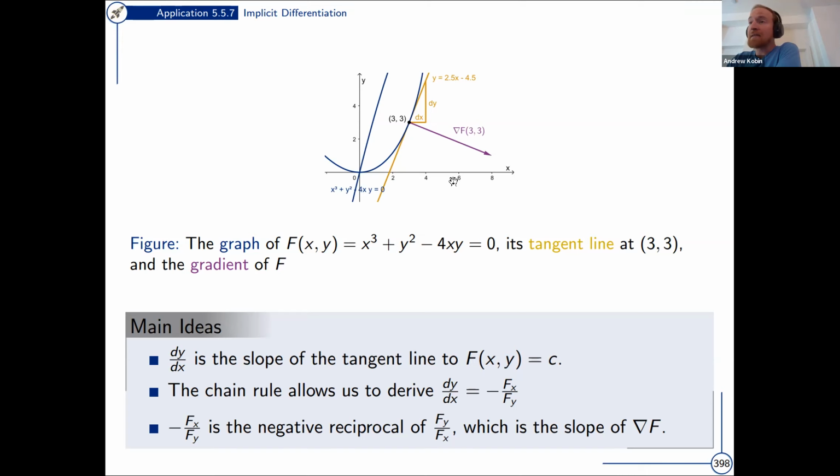Well, the rise is the y component and the run is the x component, which ends up being partial f with respect to y over partial f with respect to x. That's exactly the perpendicular direction to what the chain rule allowed us to compute. So we actually could have proven that previous problem using this approach, but we can do it by hand as well, just using the fact that this is an implicit expression that we can take partial derivatives of.